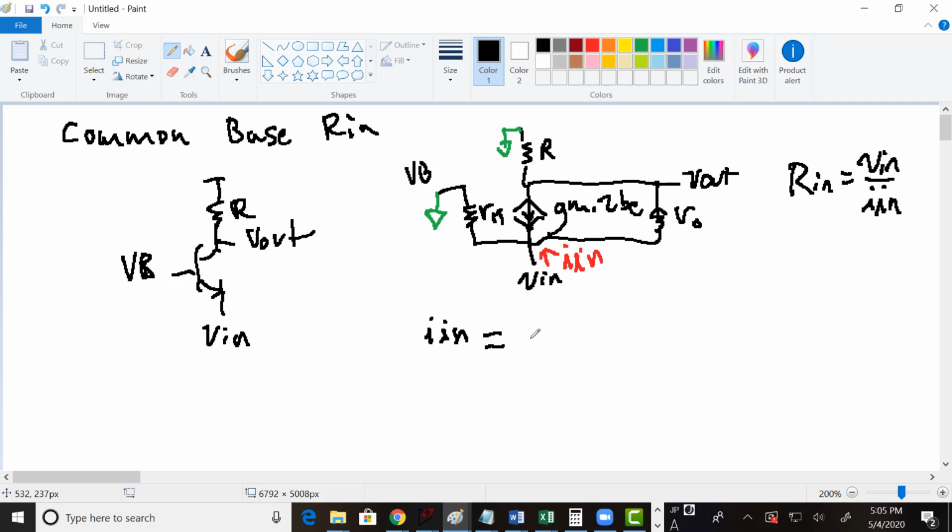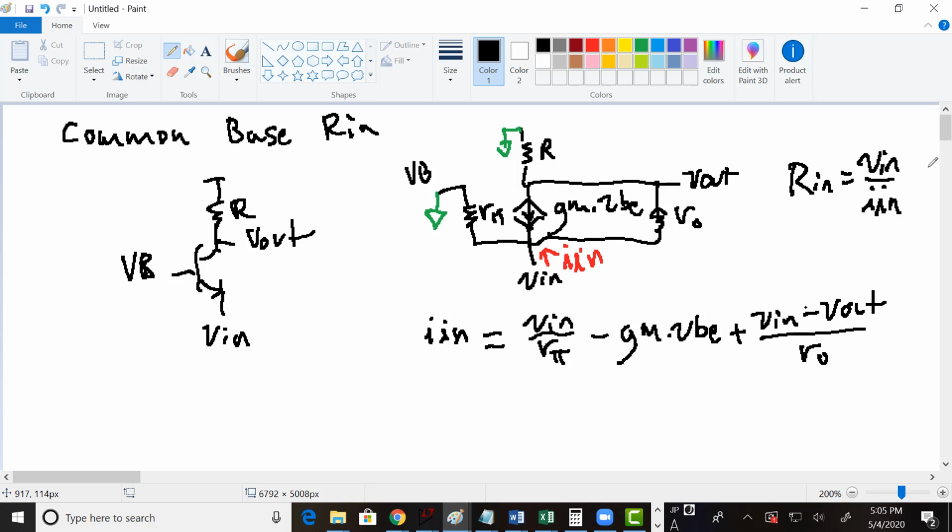So it's the sum of Vn over R pi, since In's going into this, and that equals the current out of that node: minus Gm VBE, and the current through here, which is V in minus V out, all over RO.